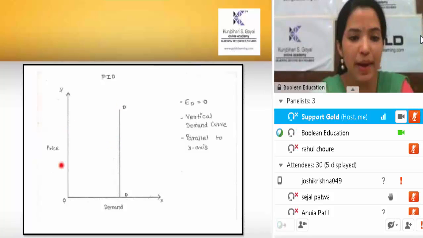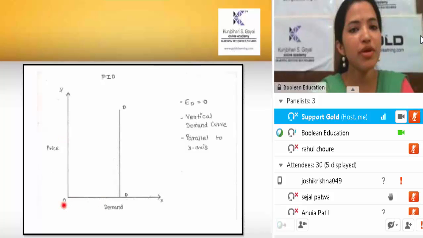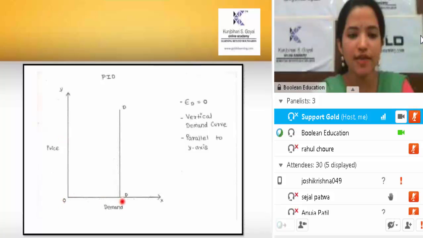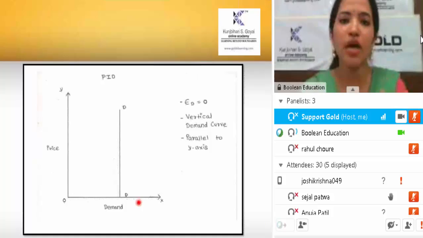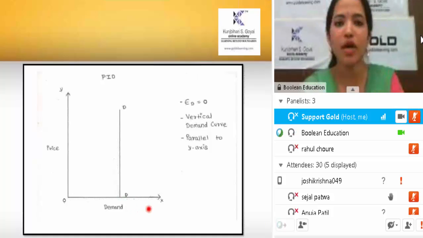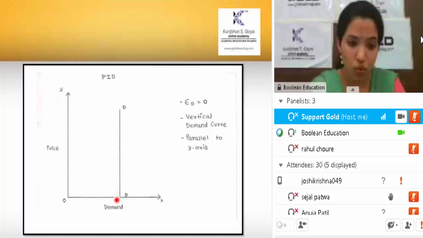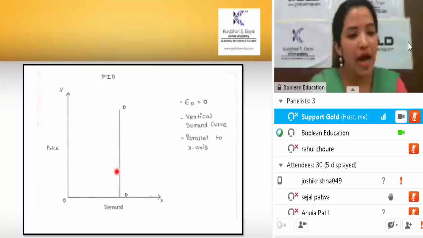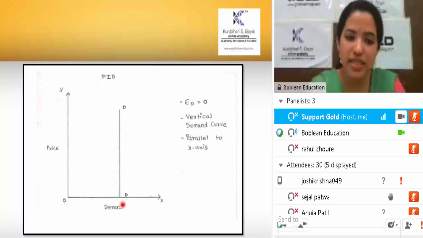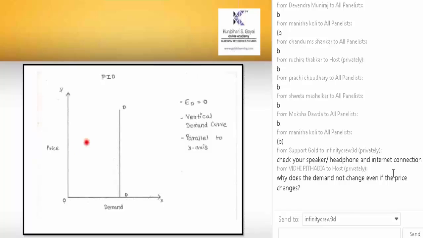So what is happening here? People are demanding OD, right? Market demand is OD. State market demand or state individual demand, it is OD. Whatever the price change, whether price is 0, 100, 200 or 1000, people are going to demand OD.